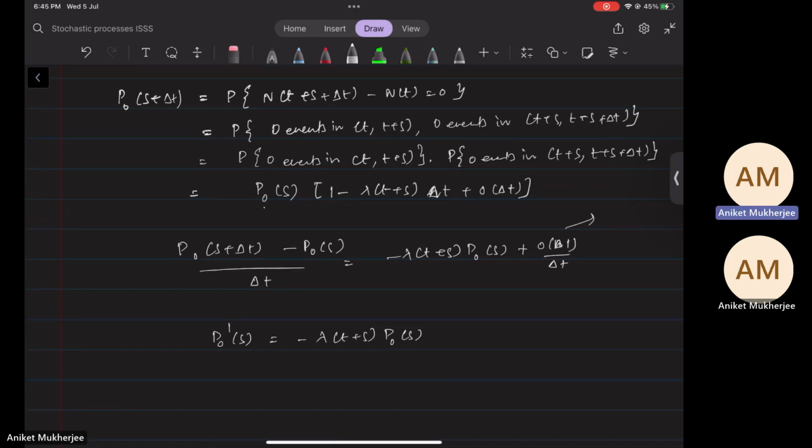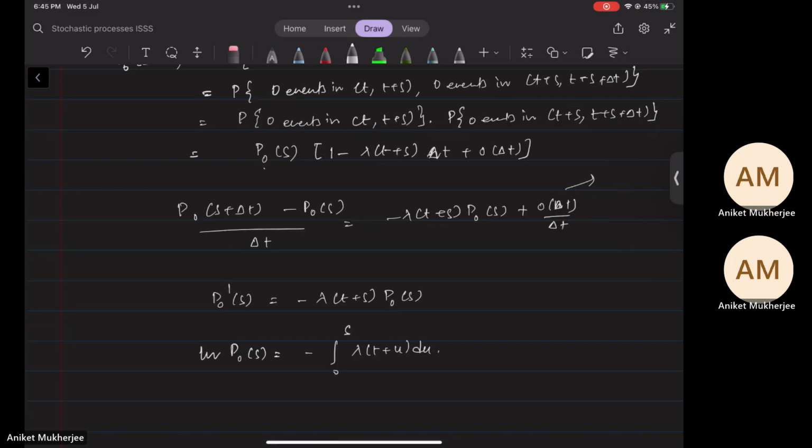So now you solve this, you get log P_0(s) equal to minus the integral from 0 to s of λ(t + u) du. From this we can see that P_0(s) equals e to the power minus (m(t + s) − m(t)).